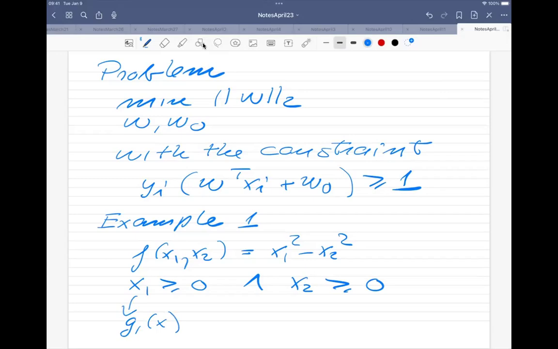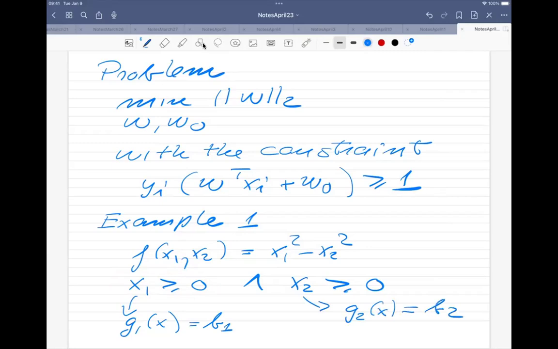But g1 is a function which now represents the first constraint. And this is something which could have a specific value, for instance b1. Or it could be larger or equal than b1. Then we could generalize this to g2 of x equal to a value b2, etc.